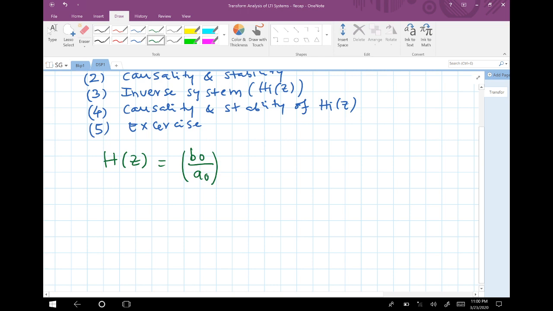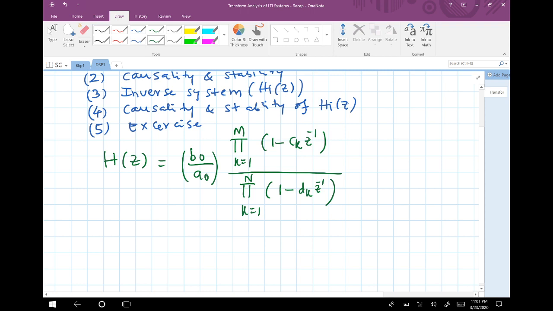Rather, let's spend some time on getting an intuition for this form. The product for k equal to 1 to M of 1 minus c_k z to the power minus 1, divided by, in the denominator, N terms multiplied, d_k into z minus... This is the form of H of z.